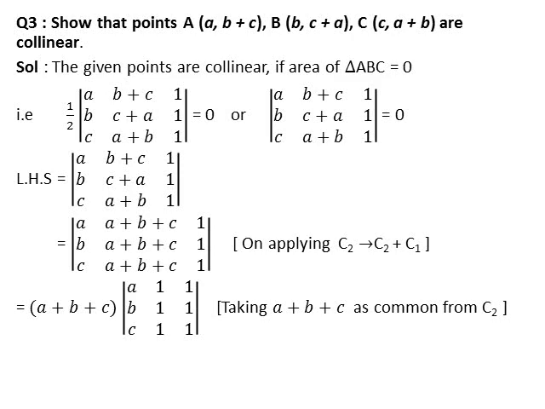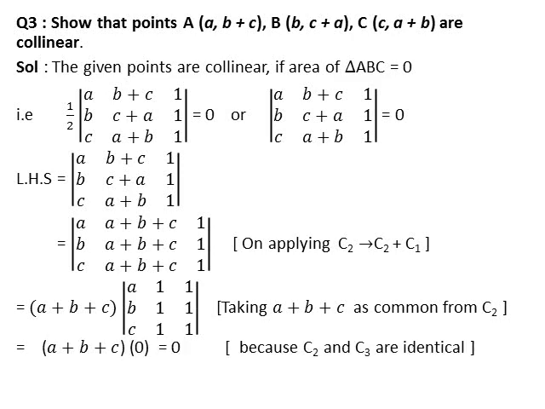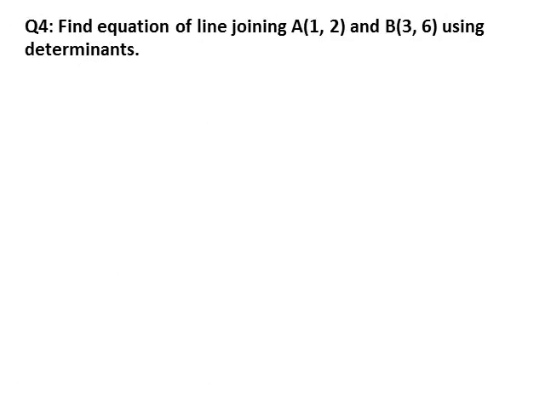Now, C2 and C3 are identical columns, so the value of the determinant is 0. Then A plus B plus C multiplied by 0 is also 0. As we have shown, the area of triangle ABC equals 0, so the given points A, B and C are collinear. Let's take one more question.